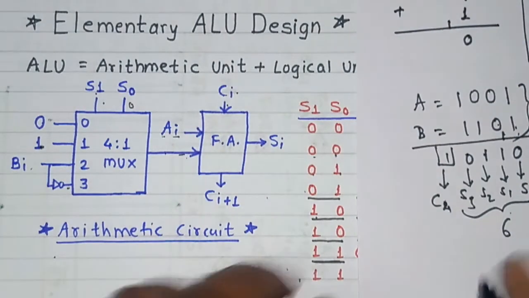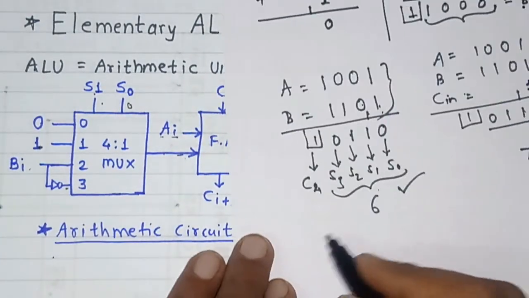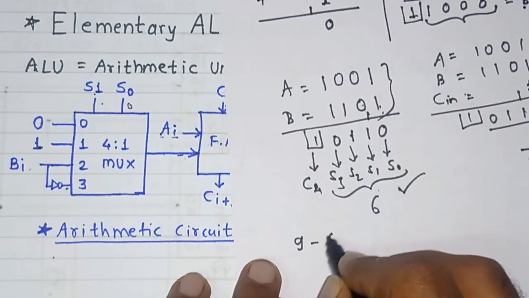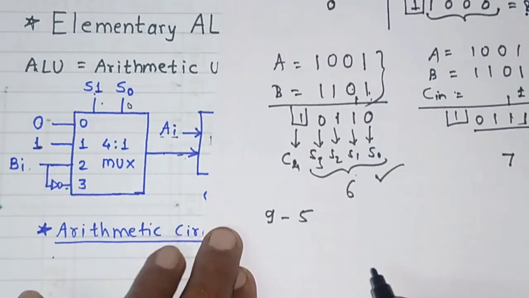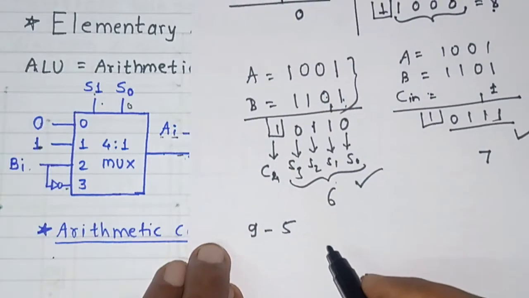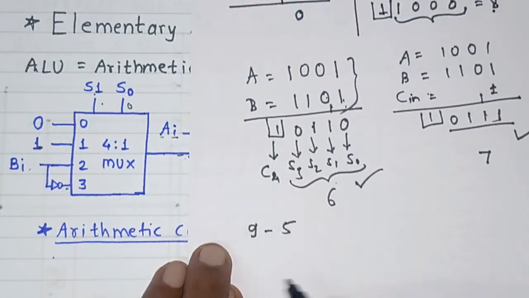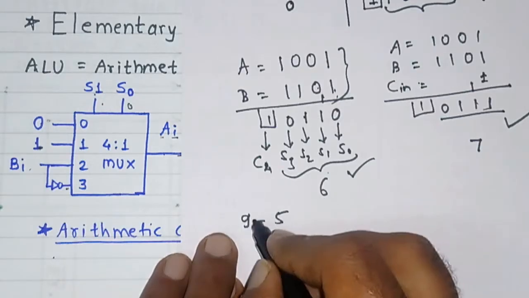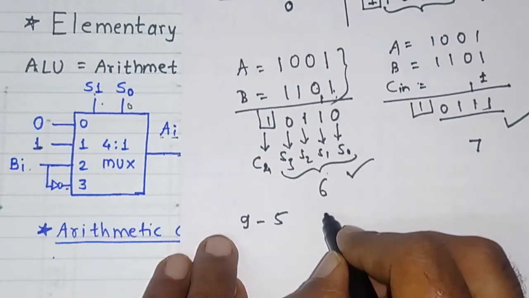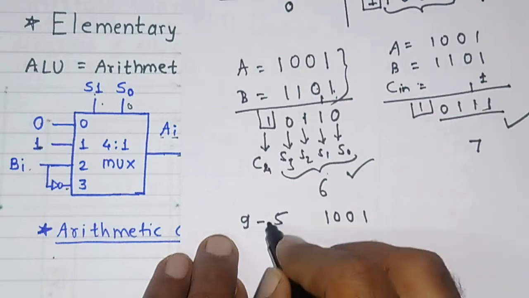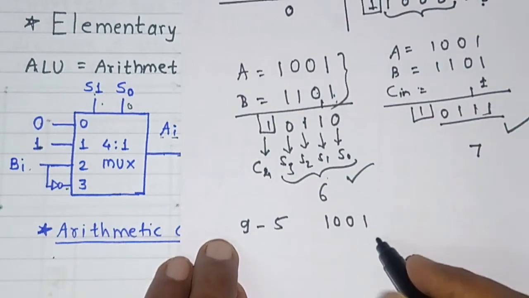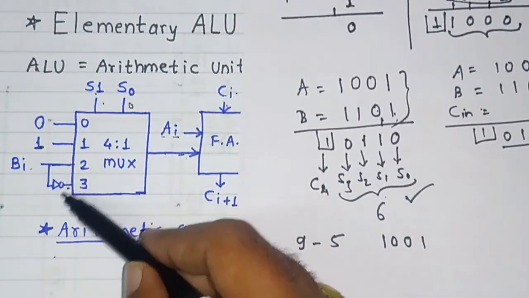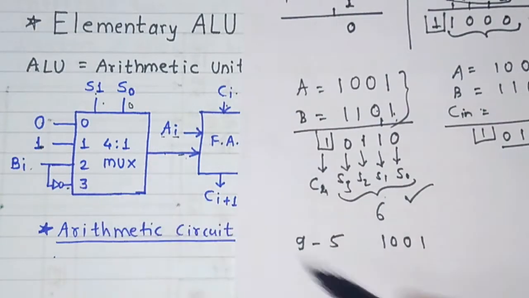So let us see. Consider you want to perform 9 minus 5. Then how will you subtract 5 from 9? First of all, you will convert these two numbers into binary. So 9 is 1001 and 5 is 0101. You perform the complement of b, that is b bar.